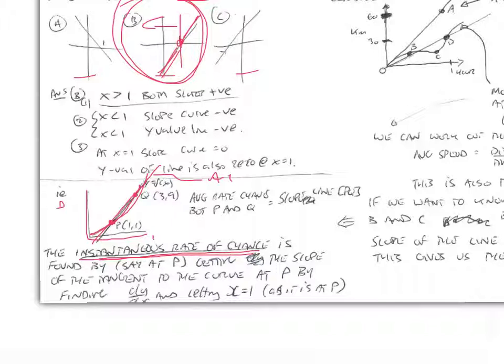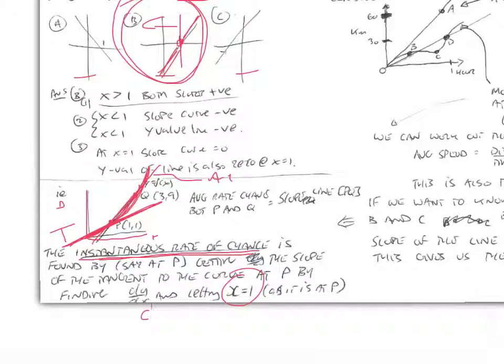Well, we can do that by getting the slope of the tangent to the curve at P, by finding dy/dx of the function and letting x equal 1. So we find dy/dx and plug in x equals 1, and we'll be able to find the instantaneous rate of change at that time, the speed at that time.